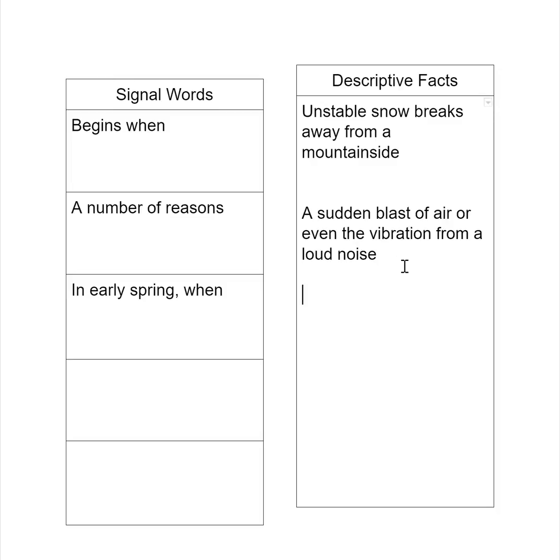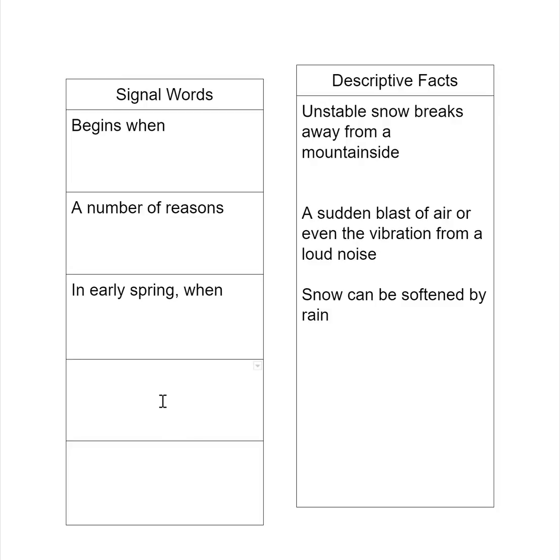When what happens? When snow can be softened by rain. So this is our signal in early spring. When, that's our signal. Okay, when what? And then we know they're going to describe when it happens. Snow can be softened by the rain.